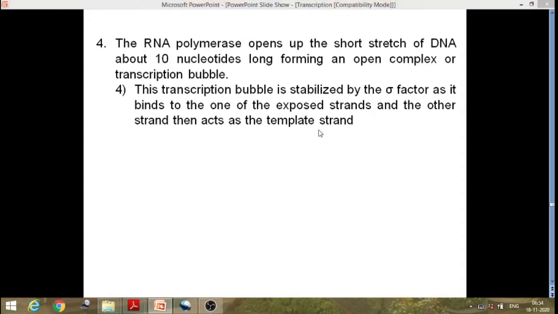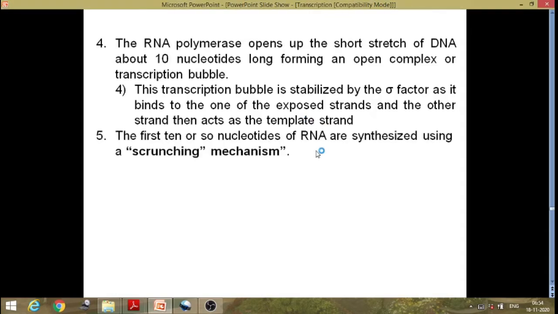Then in the fifth step, about 10 nucleotides of RNA are synthesized using a scrunching mechanism. Okay, so let us see what the scrunching mechanism is.